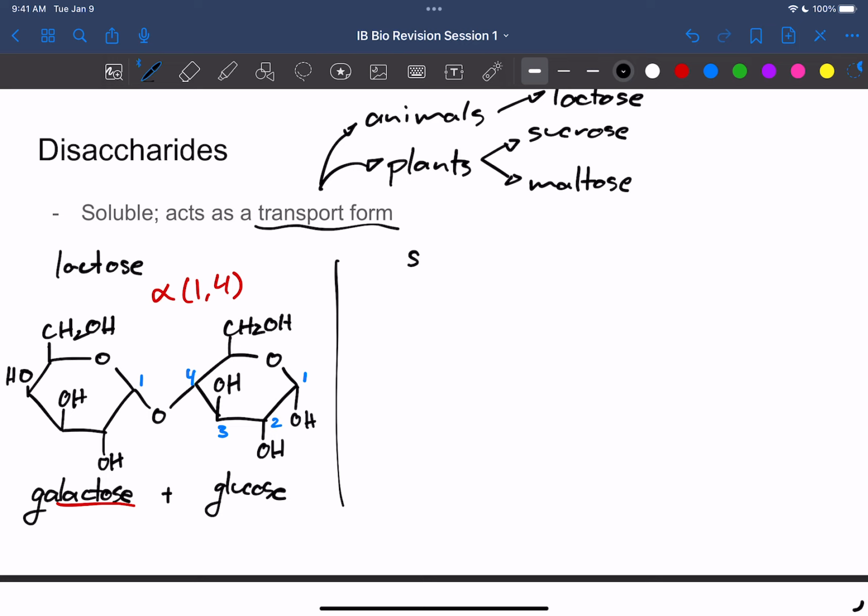Let's look at sucrose. This one's a little trickier. So let's draw our fructose. And by the way, you don't need to know how to draw fructose or galactose. You just need to know how to draw glucose and ribose. Just to clarify.